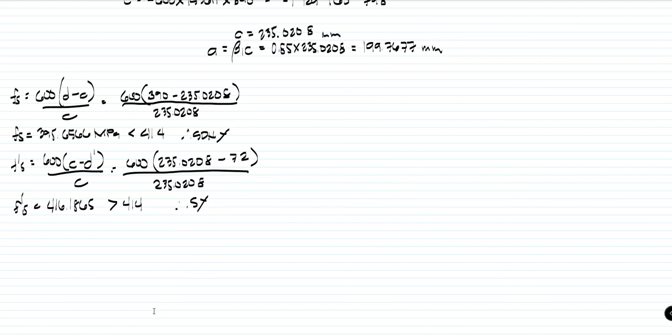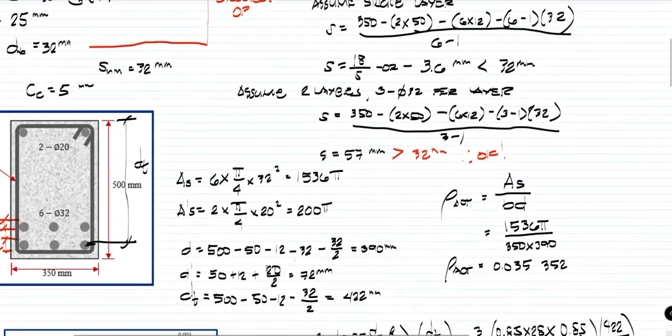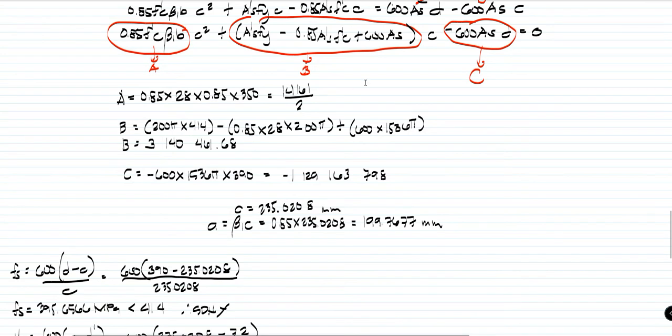Later we will explain why the reinforcement behaved this way. For now, let's get the required. We have already gotten one required, since the question asks for the depth of compression block. Since we have established the true value, or the correct assumption, this is now our depth of compression block. So these are the true values now of a and the true values of c.